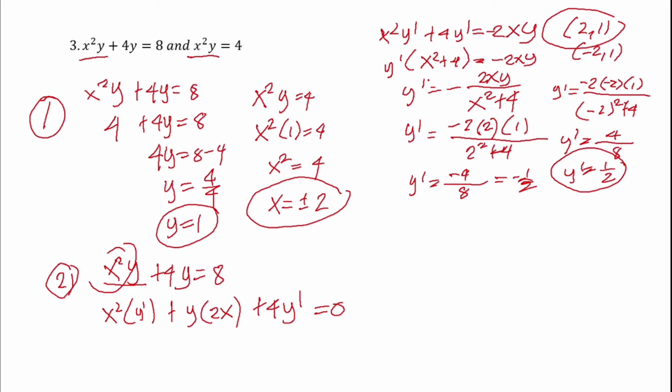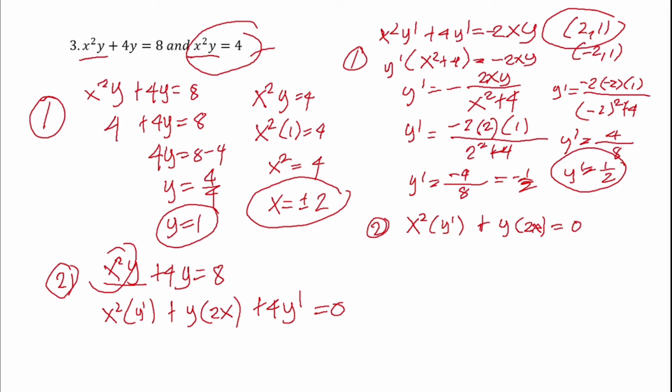So next, this is the first derivative of the first equation, and first we need to find the first derivative of the second equation. So we have here an implicit function. We have x squared times y prime for the second function here, plus y times 2x is equal to 0.